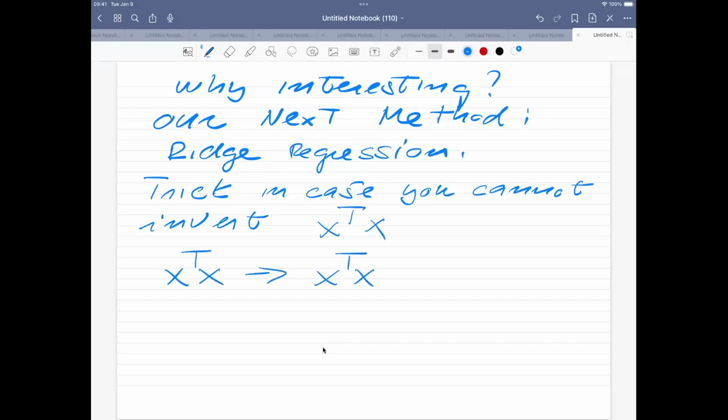So you keep the same matrix plus a lambda times the identity matrix. So you just add a shift along the diagonal. And that normally does the job.